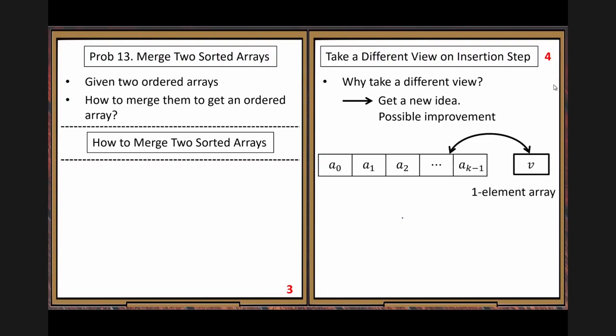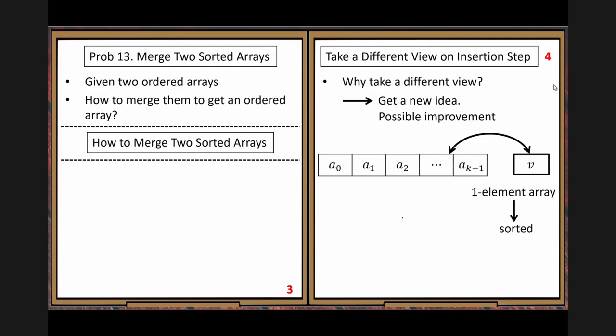Although that one element is very special, it's a special case of an ordered array. So this time we merge two ordered arrays. And in this part C, we need to merge two general ordered arrays. That's the main difference.